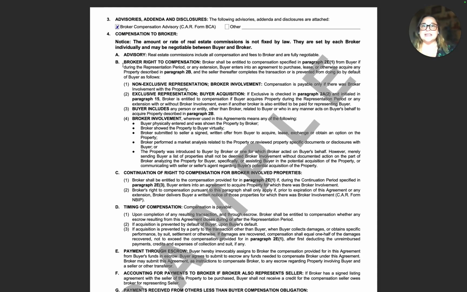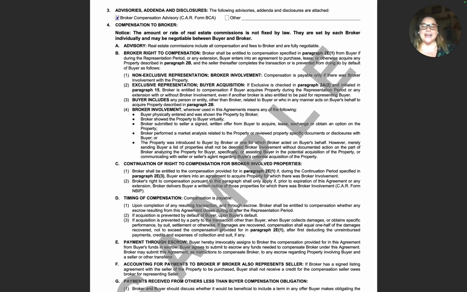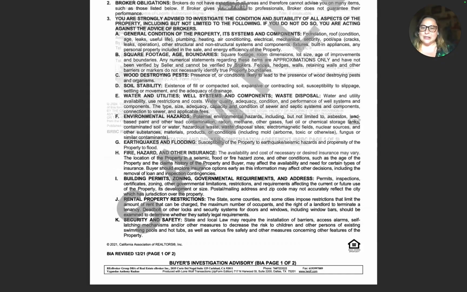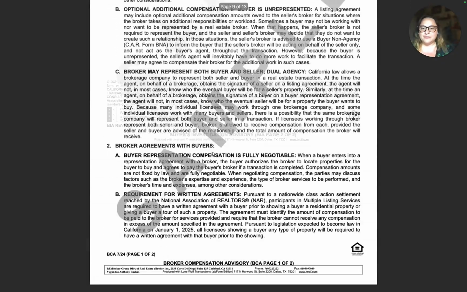And also you can see here that the BCA is also attached, and that's the broker compensation advisory. That tells the buyers and sellers, they both have to sign this, what types of compensation the brokerages can get. Let me see if it was included in this sample.